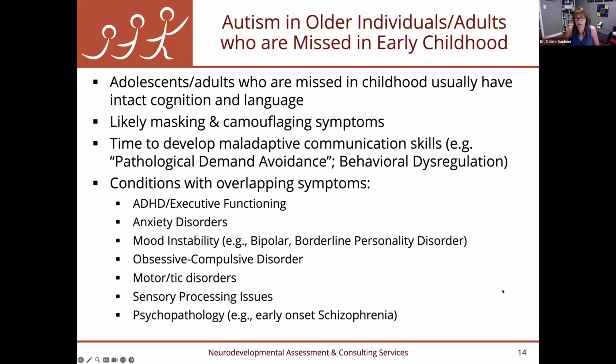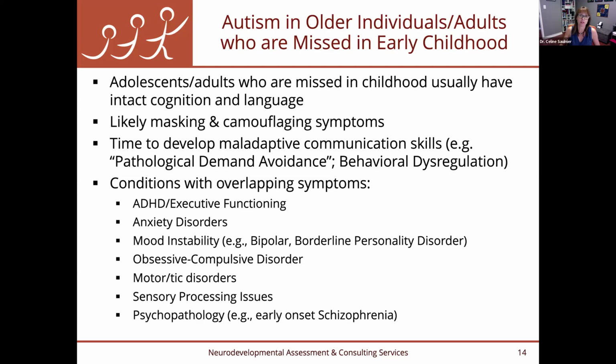On the flip side, we are diagnosing and doing evaluations for many more older adolescents and adults. This is because the diagnostic criteria have broadened so much and now include so many individuals who have no cognitive impairment and no language impairment, and they're getting missed from childhood.